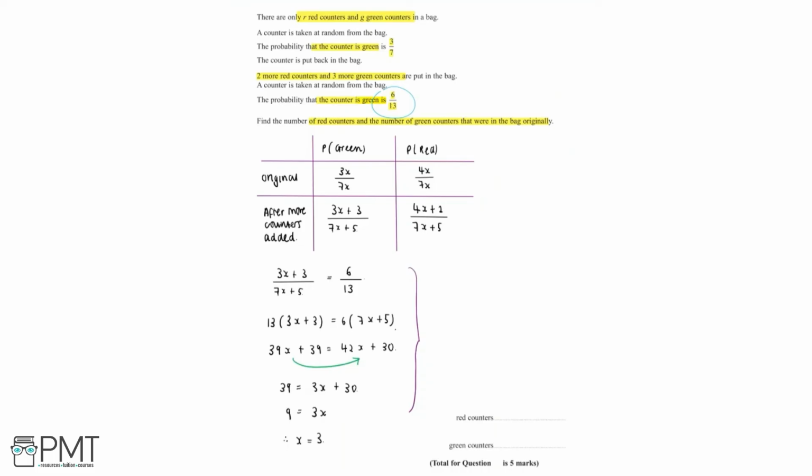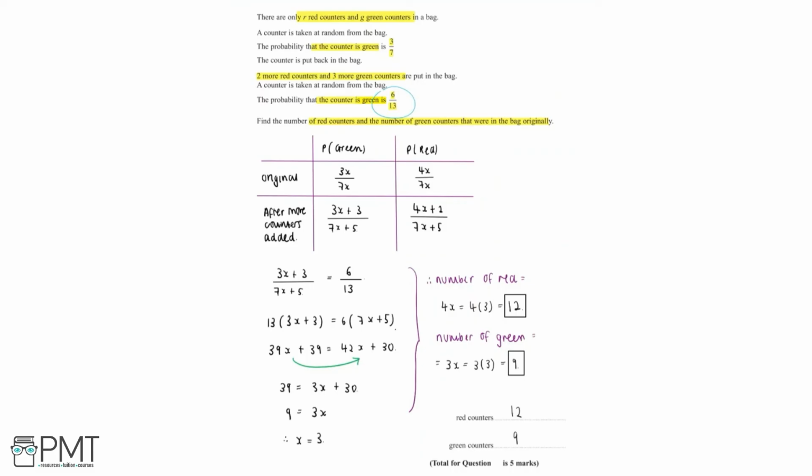The number of red counters would be equal to 4x, which would be equal to 4 multiplied by 3, which is equal to 12. And then the number of green counters would be equal to 3x, which is 3 multiplied by 3, which is equal to 9. And so we've now found that the number of red counters that were initially in the bag is equal to 12, and the number of green counters initially in the bag is equal to 9.